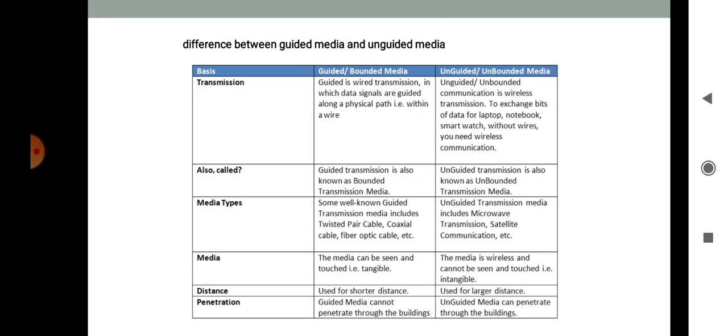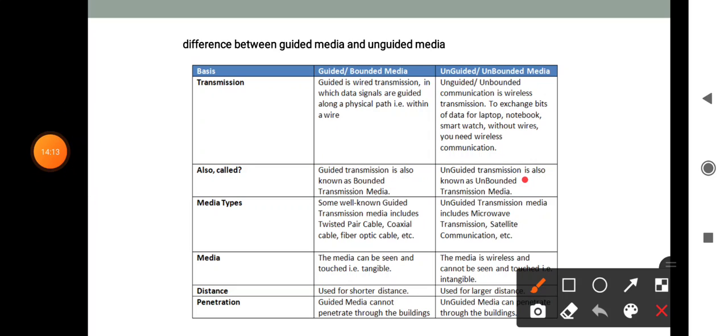Then unguided communication is wireless transmission, and to exchange bits of data for laptop, notebook and smartwatch without wires, you need wireless communication. Guided transmission media is also called bounded transmission media. And then second, unguided transmission media is also called unbounded transmission media.